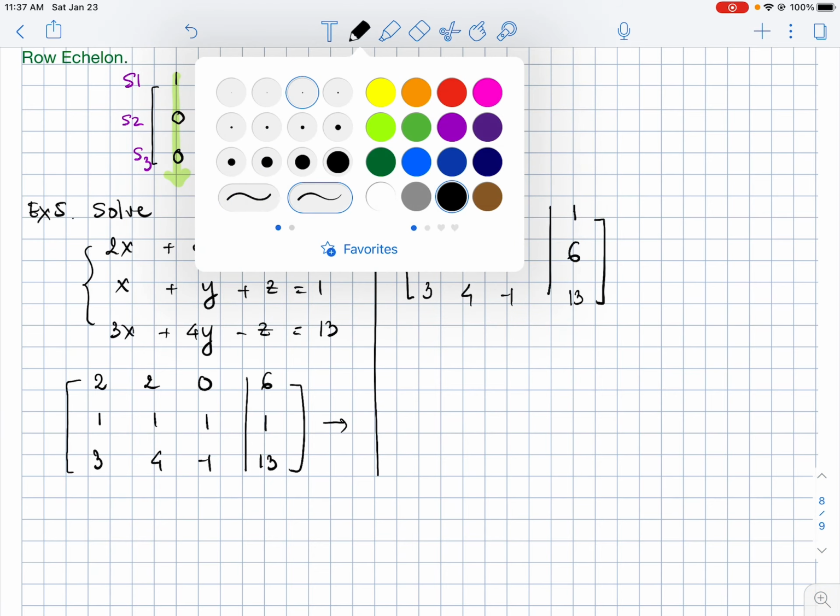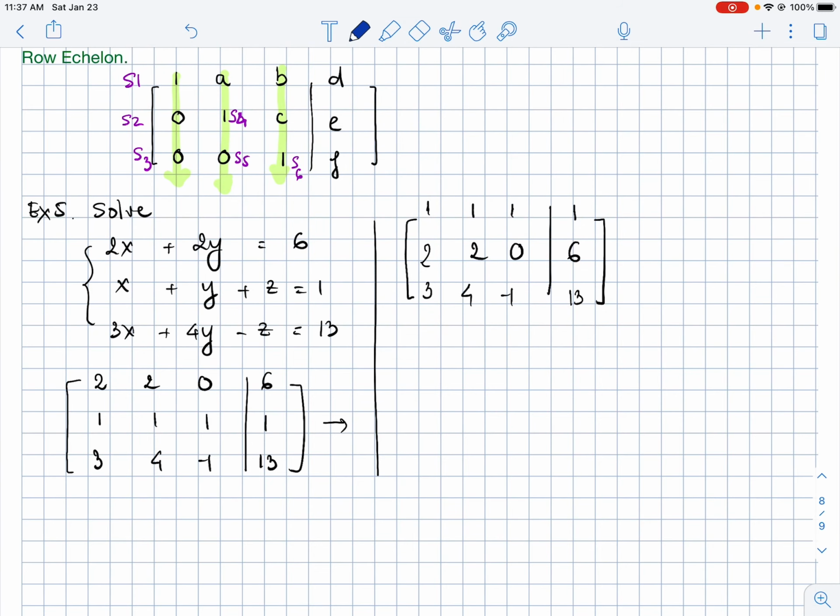Okay, so let's write out what we need to do. We need to multiply row number 1 by negative 2, and then add row 2, and then we put it in row number 2. So let's show the work. Multiply row 1 by negative 2. Row 1 is 1, 1, 1, 1.